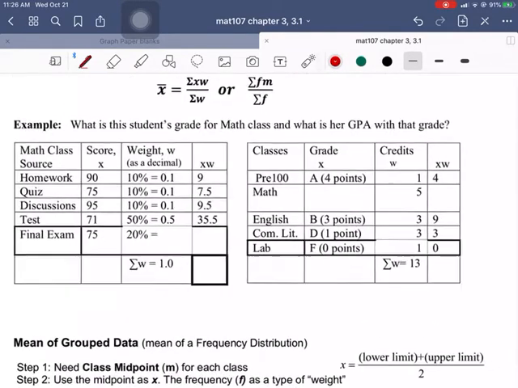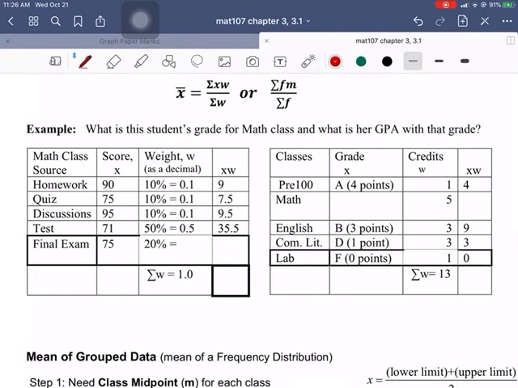So one of them right here is a math class score. If your average of all your homework together is 90, and you consider that 10% of your grade, we're going to have to use a little more complicated formula to get your weights in there, okay?